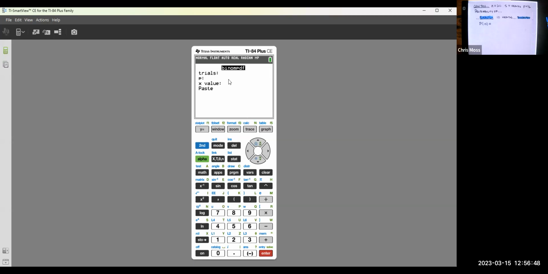I have a place for trials, P, and an X value. Now, don't worry about the paste. And before I go ahead and start punching buttons like crazy, I want to point something out. Let me go back to the distributions and scroll down here to the CDF tool.